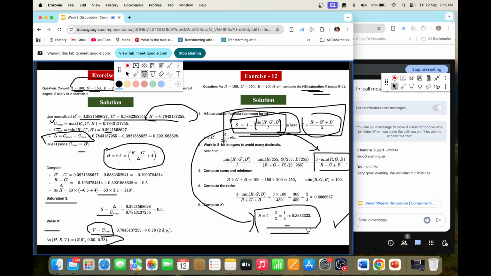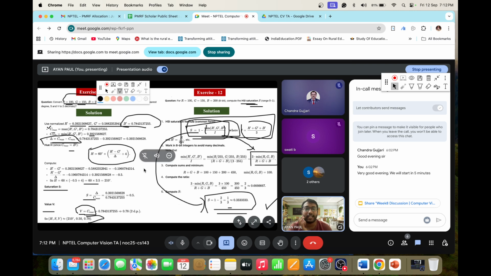Okay, so this is another problem. Are all the problems clear to all of you regarding all the models? Any doubt anywhere? Generally you can be given any RGB value and be asked anything, like YCbCr, YIQ, or CIE small x small y, that is CIE chromaticity, or HSB, anything.